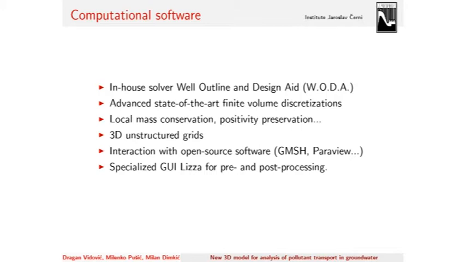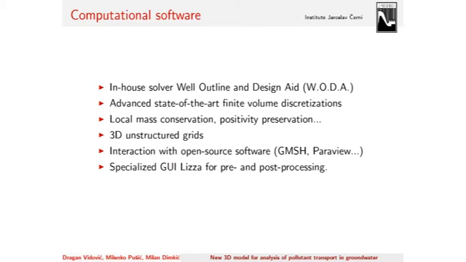And we have built some state-of-the-art finite volume nonlinear discretizations into our code. Finite volumes let us achieve local mass conservation, but these advanced discretization methods let us achieve positivity preservation and other nice things.